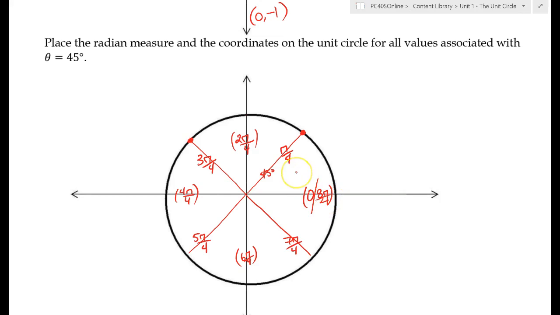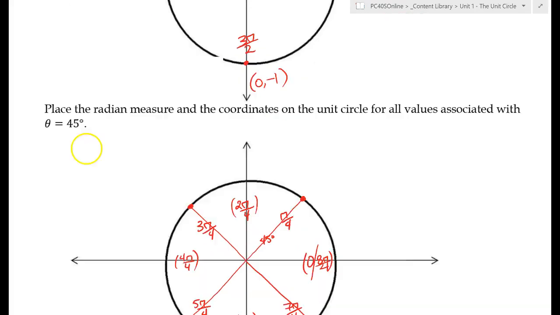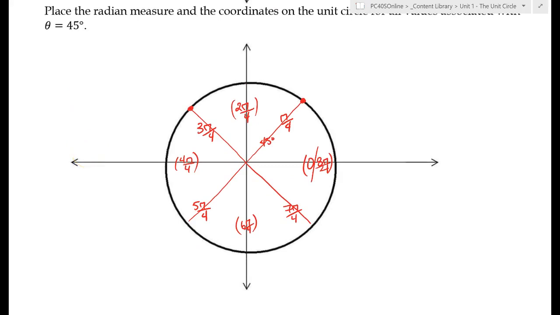Again, those ones in brackets are strictly on there to refer back to as references from our first example. Our coordinates, you can look at your unit circle or you can remember them.